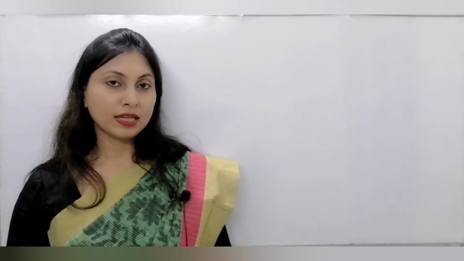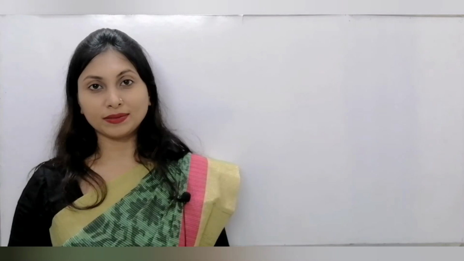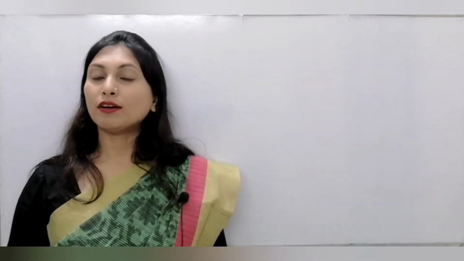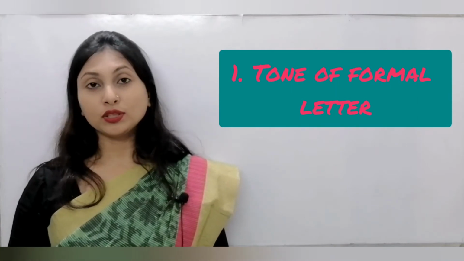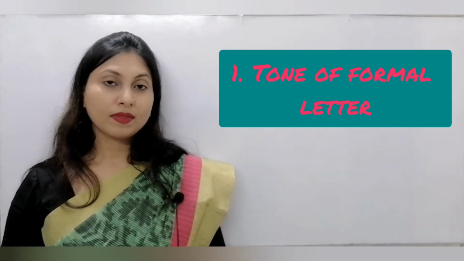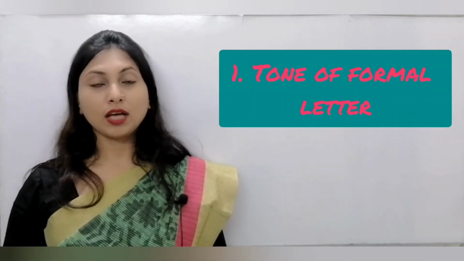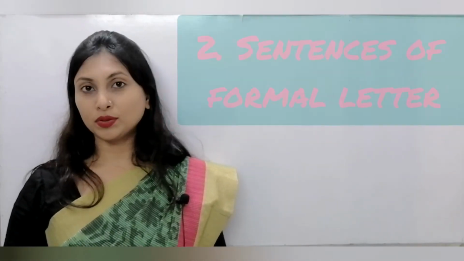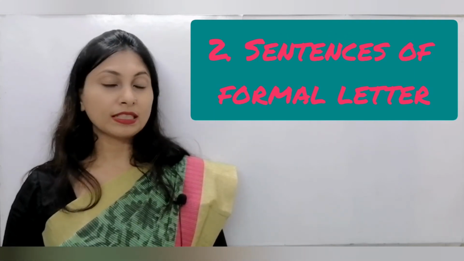Before you write a perfect formal letter, you should focus on some key points. Number 1, a formal letter should have a formal or official tone and style. Make sure your tone is sincere, courteous and polite. Number 2, your sentences should be well structured, grammatically correct and precise.